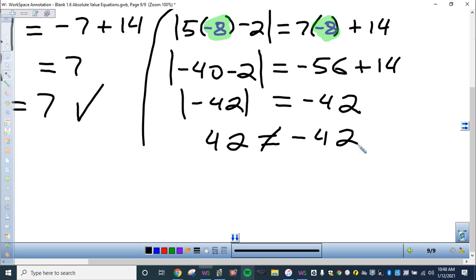So you have to check for extraneous on 19, 20, 21, and 24. You do not have to check for extraneous on 22 and 23. So check for extraneous 19, 20, 21, 24. You don't have to check for extraneous on 22 and 23. All right, thank you. No worries.